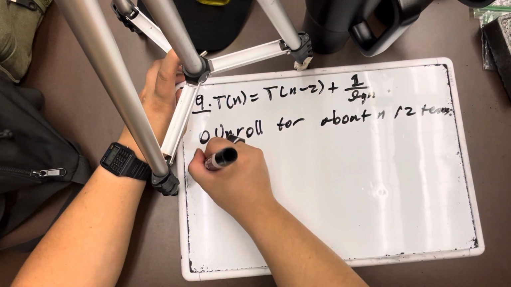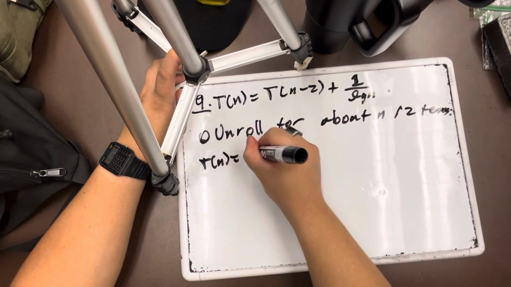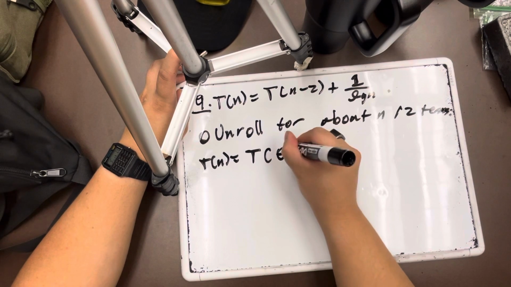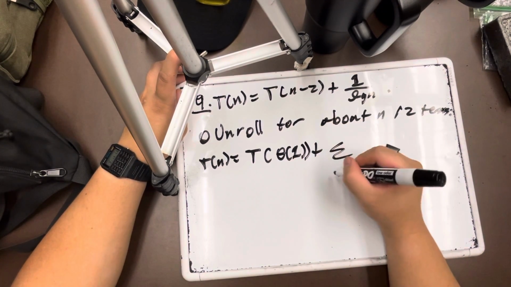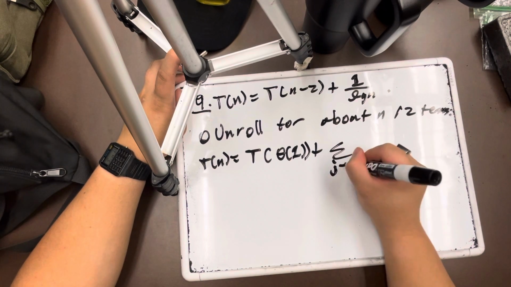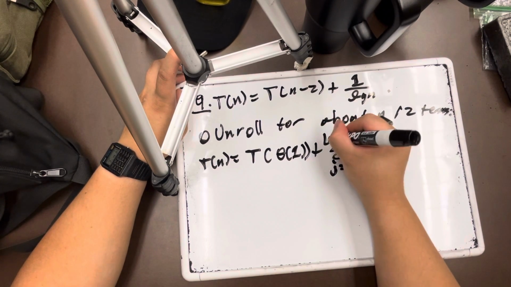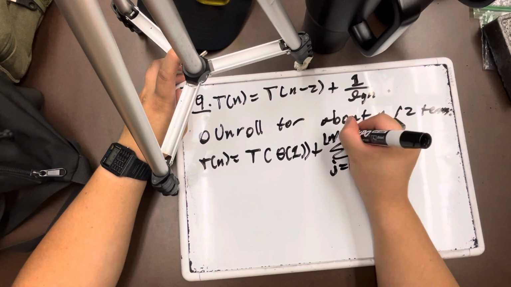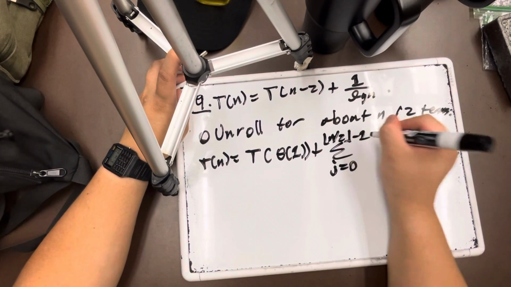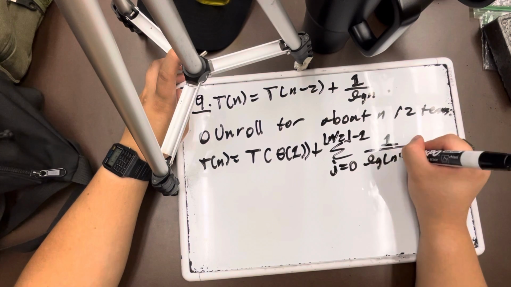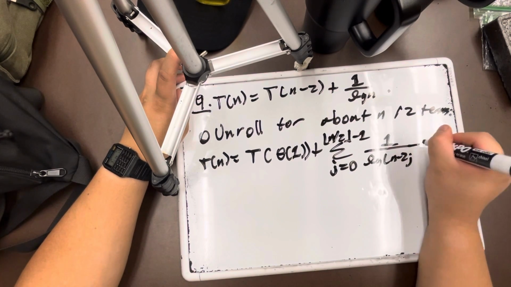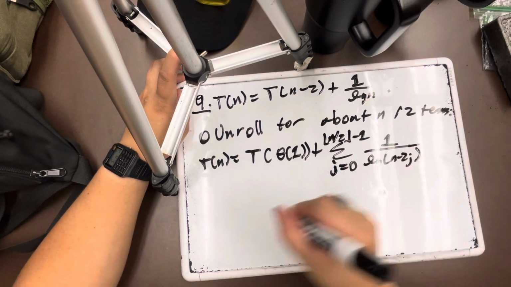to get T(n) is equal to T of Theta of 1 plus the sum from j equals 0 to the floor of n divided by 2 minus 1 of 1 over log of n minus 2j. Well, then what do we get there?